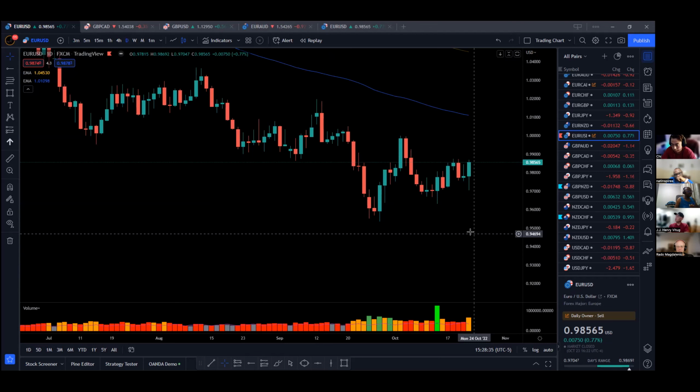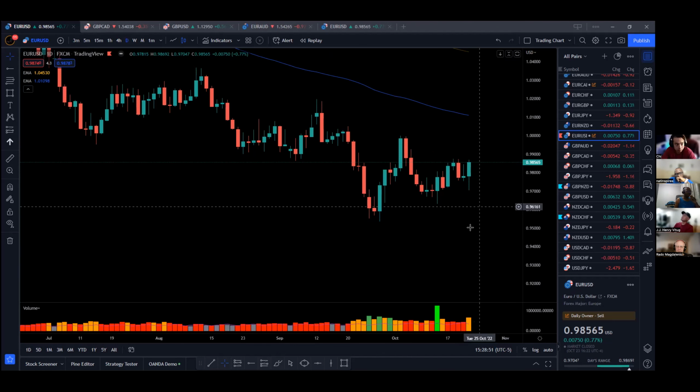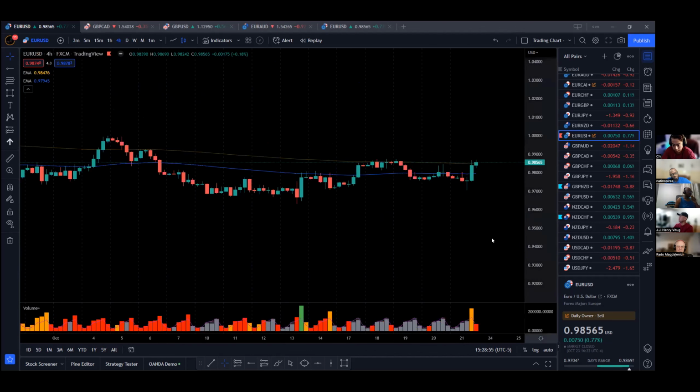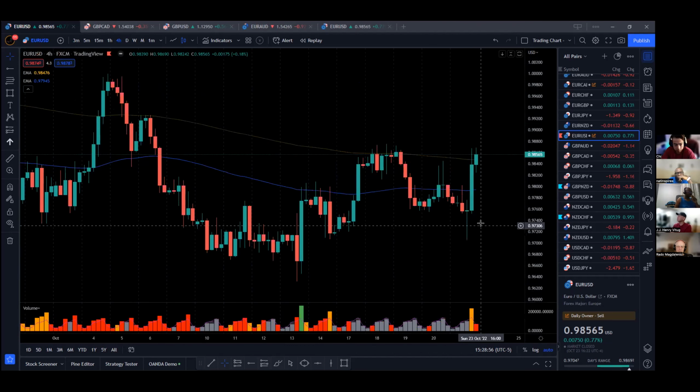We had a scenario: if this is indeed an on market, let the price come back to this level around here. There was a level that we were expecting it to come in. Let's just go to 4 hours. There you go. Just zoom out a bit.